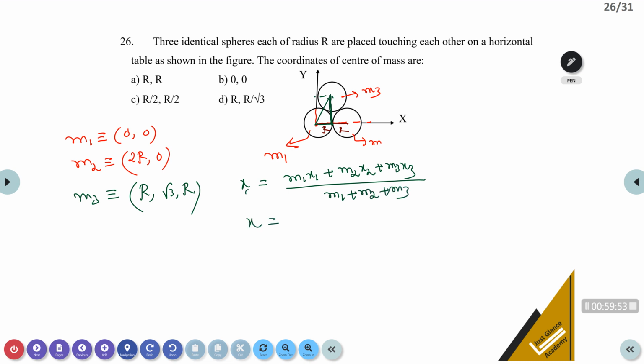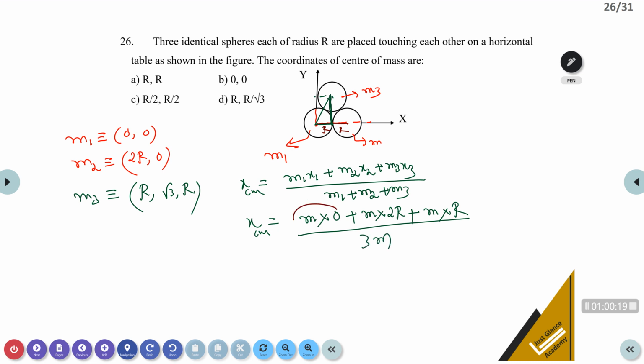Then x of center of mass equals, m into x1 is 0, plus m x2, this one is 2r, plus m3, m into x3 nothing but r, divided by all masses are same, it is 3m.